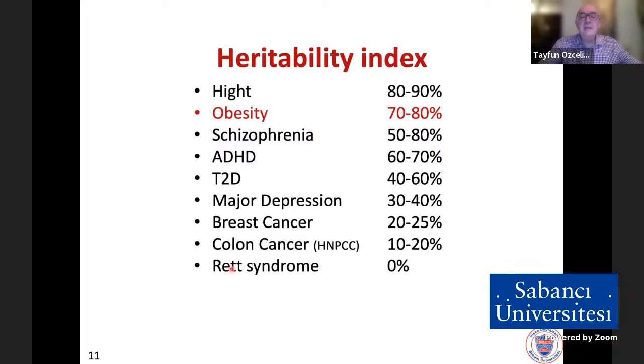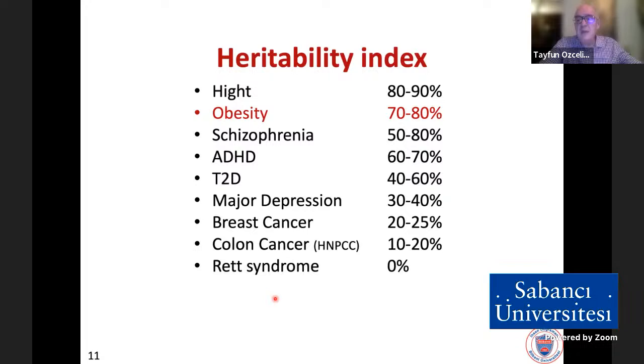Then there are diseases like Rett syndrome, where the heritability index is 0. If the heritability index is 0, does it mean that the disease doesn't have a genetic basis? Well, the answer is no. Rett syndrome is a female mental retardation in which the mutated gene in males is lethal.